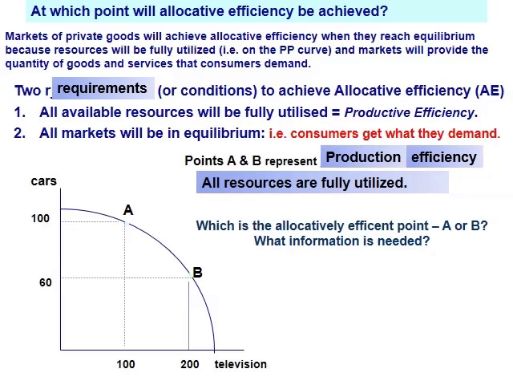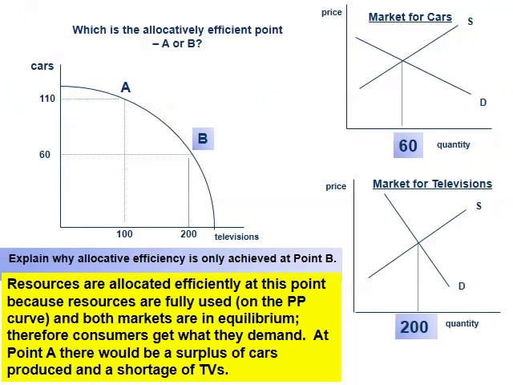Now the next part of our requirement is harder to find without further information, because both A and B are productively efficient. We're on the curve, resources are being fully used, but we don't know whether 100 cars or 60 cars is required by the market, or 100 televisions or 200 televisions are required in the television market. So we need to know where market equilibrium is in both those markets.